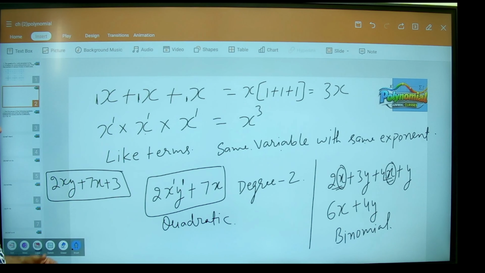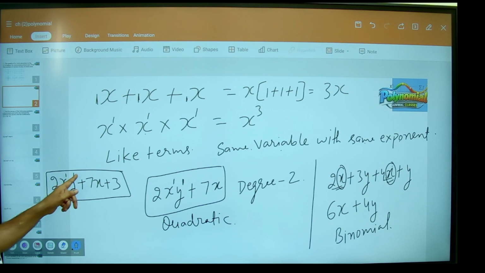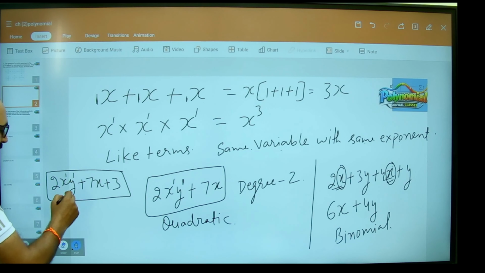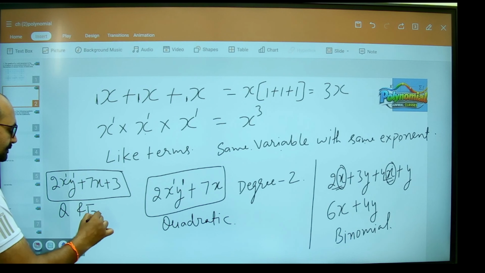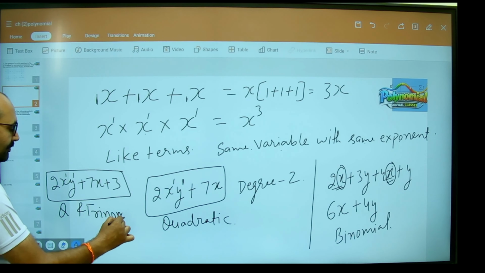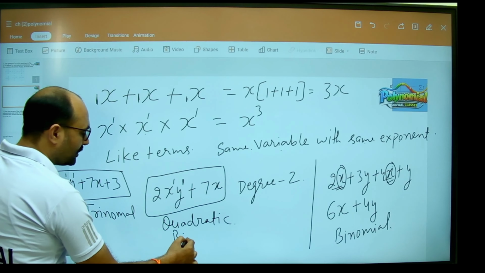Why quadratic? Single term having highest degree 2. So this is quadratic but terms are 3. This is quadratic and trinomial. And this one is binomial and quadratic.